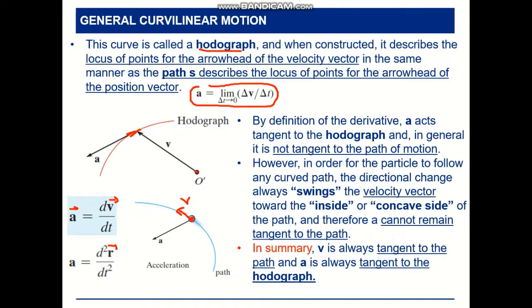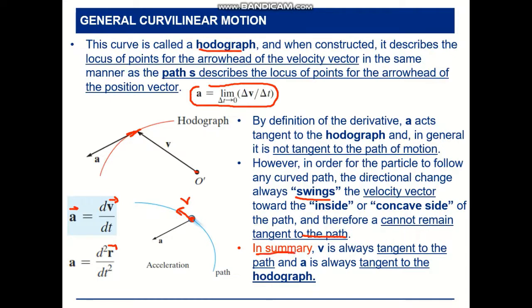However, in order for the particle to follow any curved path, the directional change always swings the velocity vector towards the inside or concave side of the path, and therefore the acceleration cannot remain tangent to the path. As described, since we are taking the second derivative, it does not remain tangent to the path.